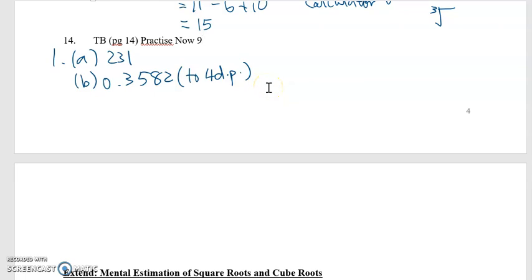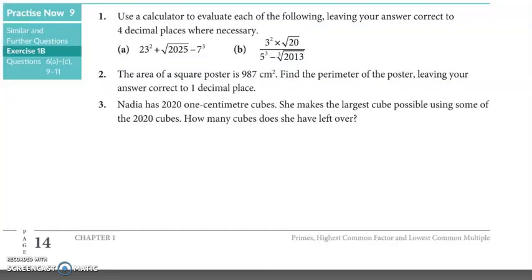Now for question 2, we are given the area of a square. So the area is actually length times length, given as 987 cm square.